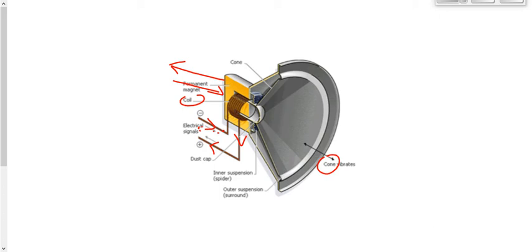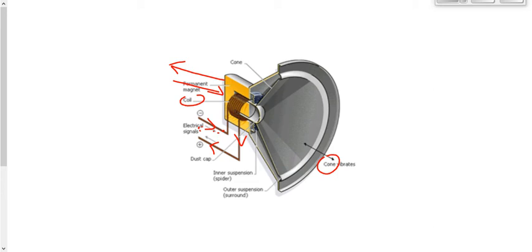When the cone goes this way, gets pulled back, then it creates a low pressure of air in front of it. When it gets pushed forward, it creates a high pressure of air in front of it. That's what sound is, right? It's areas of high pressure and low pressure. When you hear my voice right now, you're hearing not the air coming from my throat into your ears, because that would be gross, but rather you're hearing the variations in air pressure that are caused by my larynx.